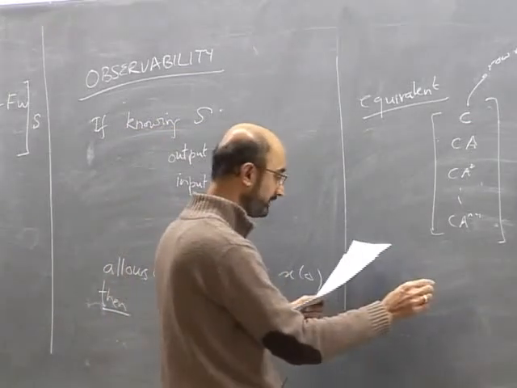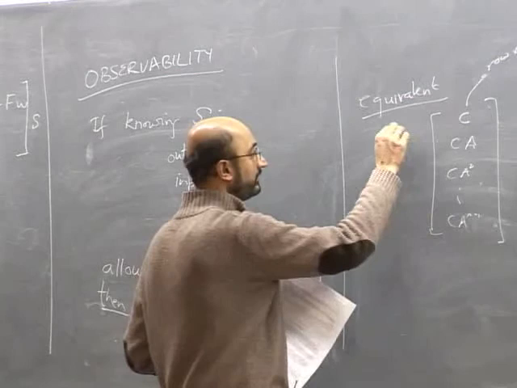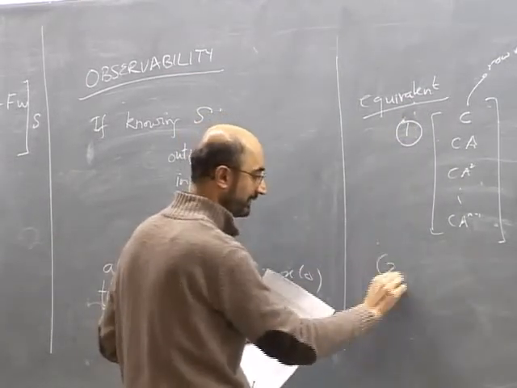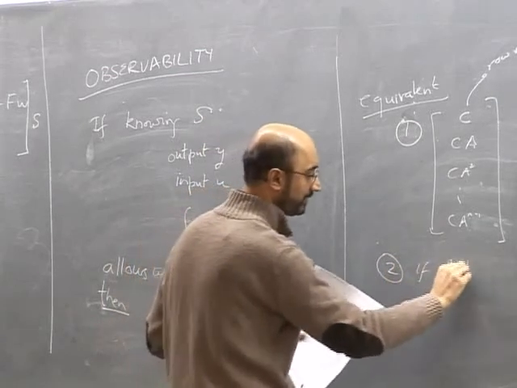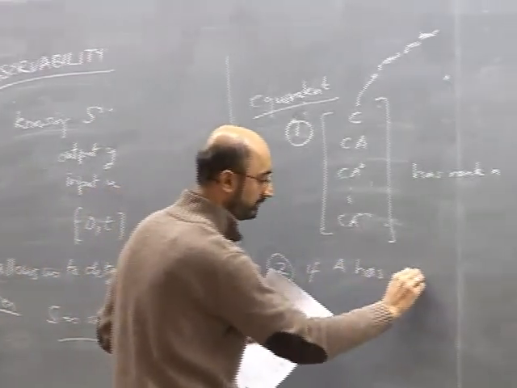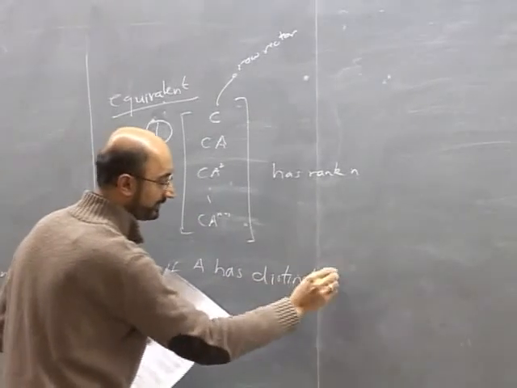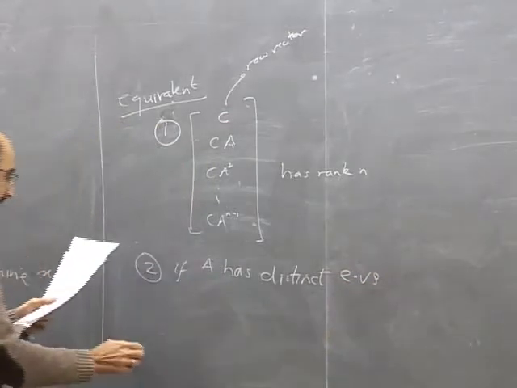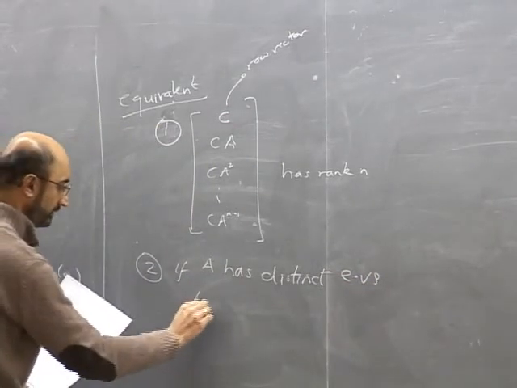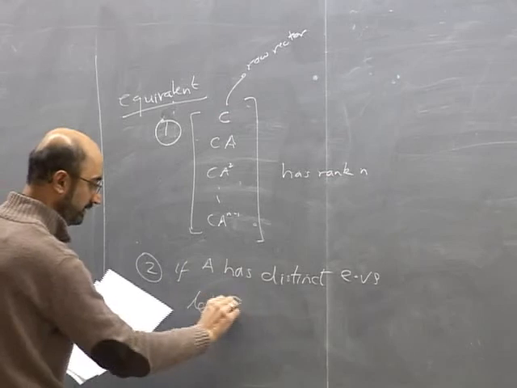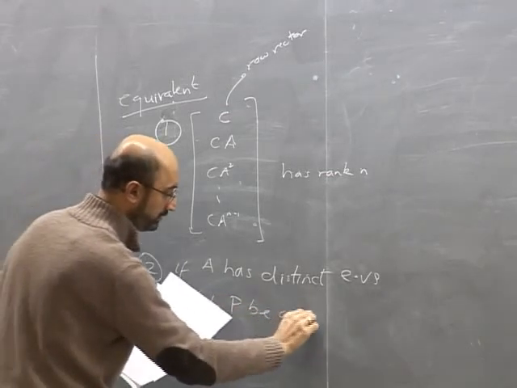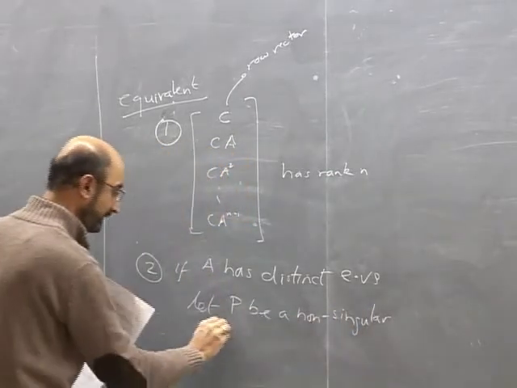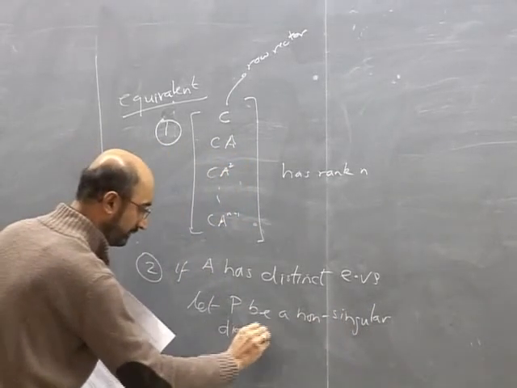And there's an even easier condition. The other equivalent condition is that if A has distinct eigenvalues, which, as you'll see, is always a nice thing to have, then let P be a non-singular diagonalizing matrix.